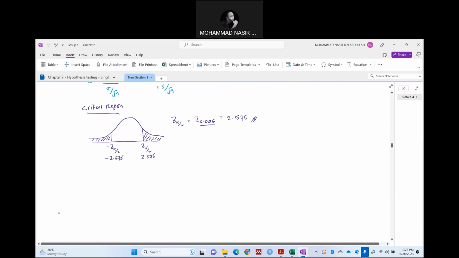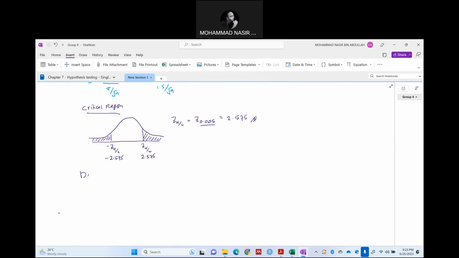Next step, we determine the decision rule. If Z calculated is less than negative Z alpha divided by 2 or Z calculated is more than Z alpha divided by 2, the null hypothesis is rejected.